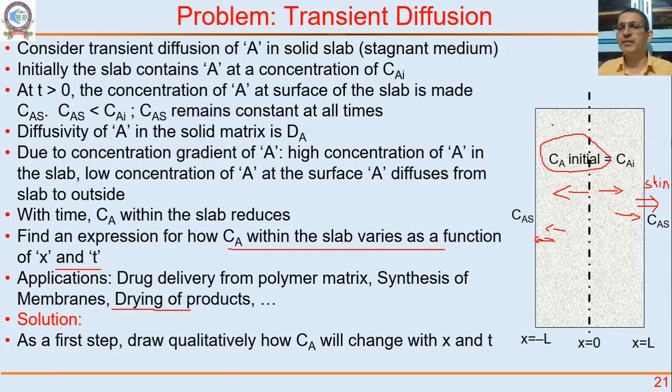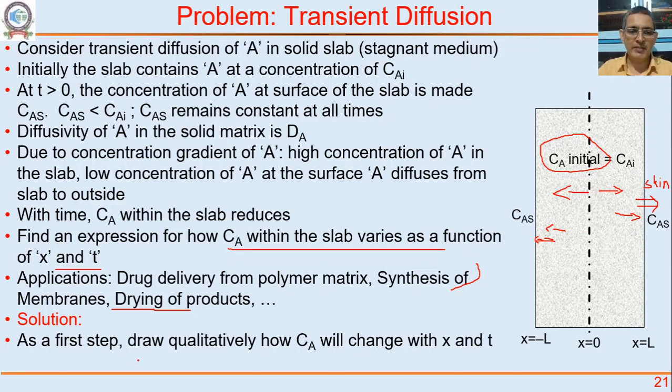Imagine that this is some matrix, let's say paper or wood, and it is wet right now, so there is a concentration of water vapor inside this matrix, and you expose it to hot air. Concentration of water vapor is 0, so the water vapor diffuses from inside. As it diffuses, the amount of water vapor in the wood or paper reduces, and it dries. Right? So very important applications.